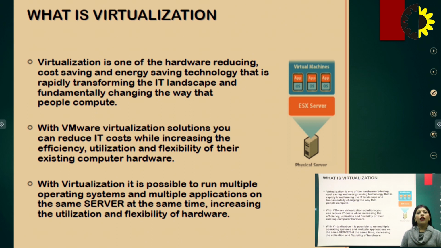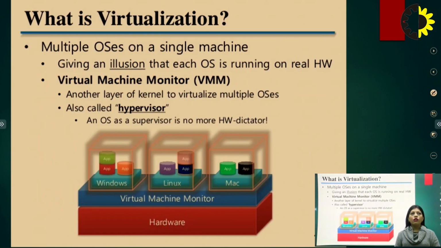In virtualization, multiple machines work on a single processor. Multiple operating systems work on a single machine. This is the diagram of the virtualization processor. This is the hardware; the lower level is the hardware level.